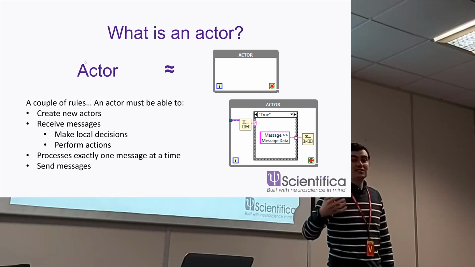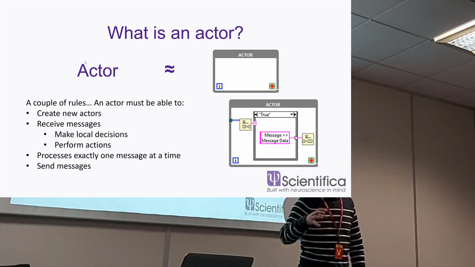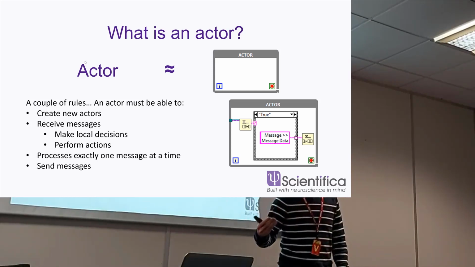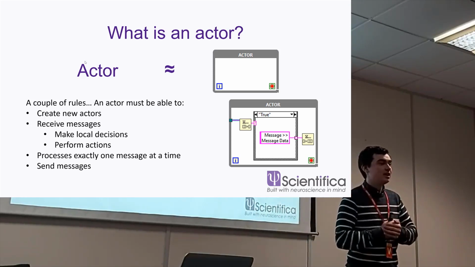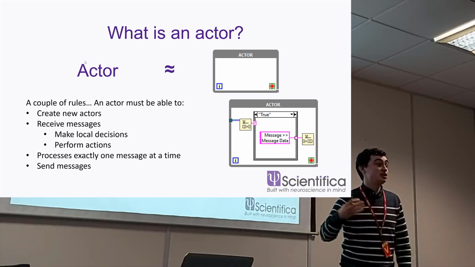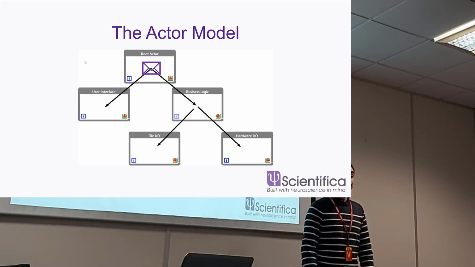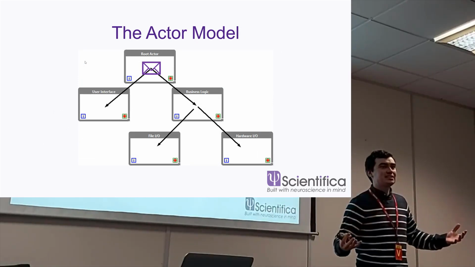So if we had a data logger actor, that asynchronous process is behaving like a data logger. It is acting as a data collector. We could have another one that's acting as a user interface. We could have another one that's acting as a message handler. And so we can build up this actor system.